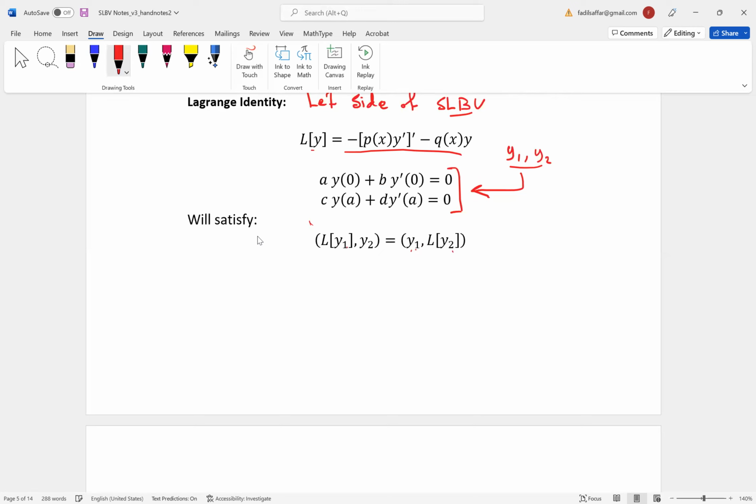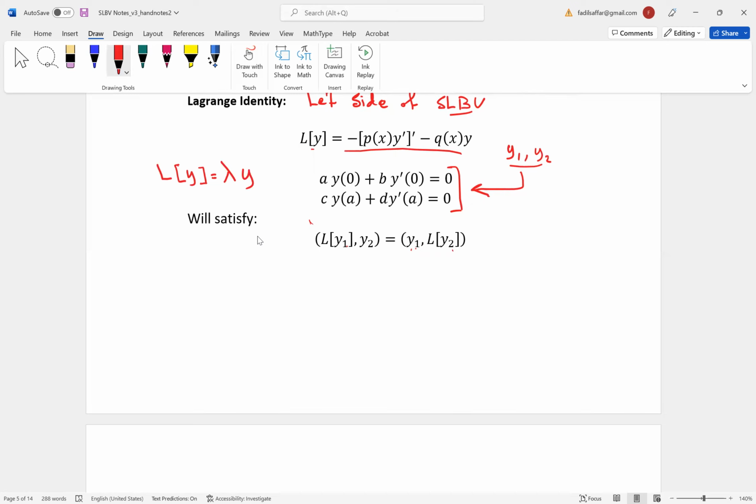Just to remind you, from our SLBV problems, the L of y, or the linear operator, is equal to lambda y, where we have r equal to 1.